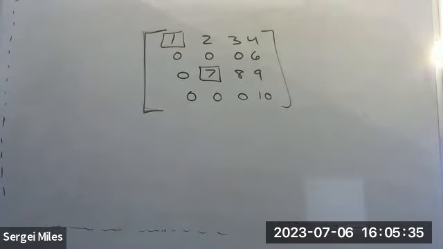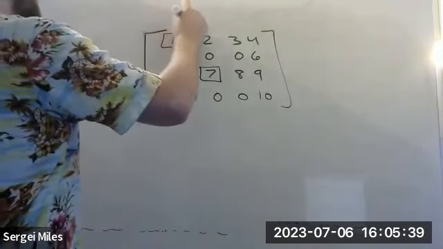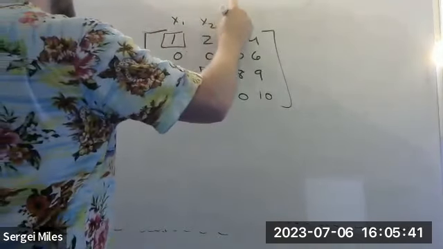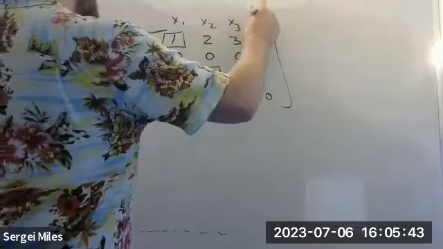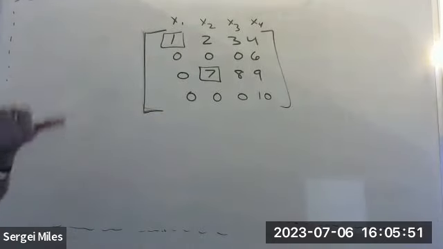Another way to think about pivots is that you can go one column at a time, because ideally, remember, each column is going to correspond with a variable. So really, we don't care if there's a pivot for every row. What we really care about is, can we get a pivot for every variable? Can we get a pivot for every column?